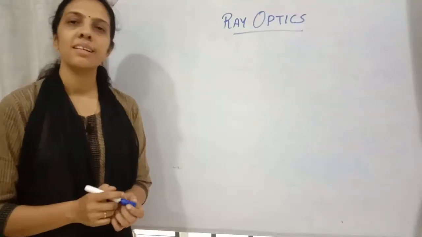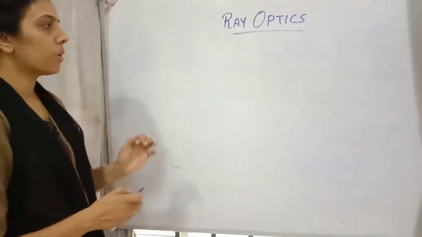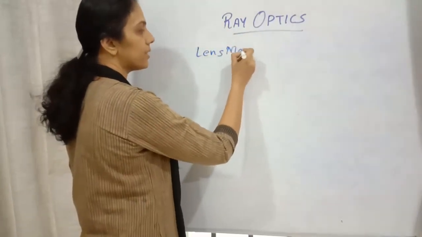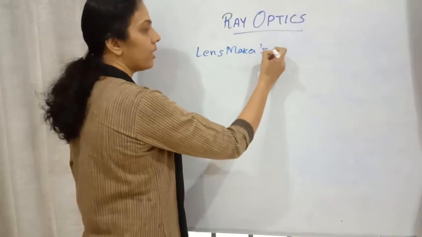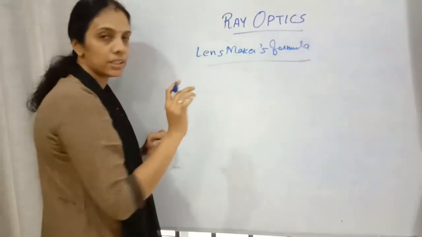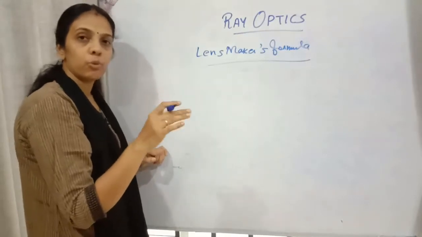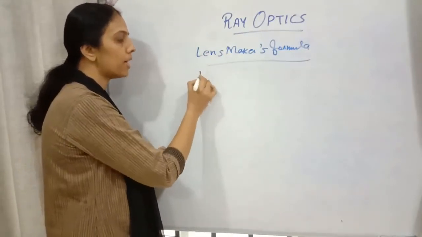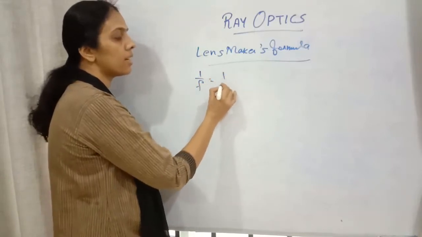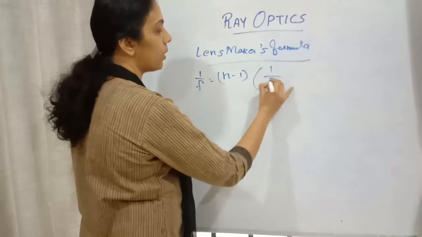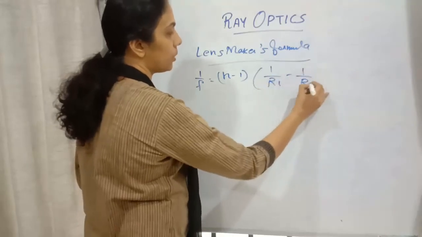Clear? So next we are going to discuss the Lensmaker's formula. The derivation, as I told you in the previous videos, I am not teaching you. If you want the derivation, you can check the playlist, it is there. Okay, so the formula is 1 by f equals n minus 1 into 1 by r1 minus 1 by r2.